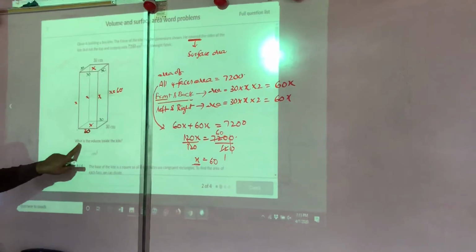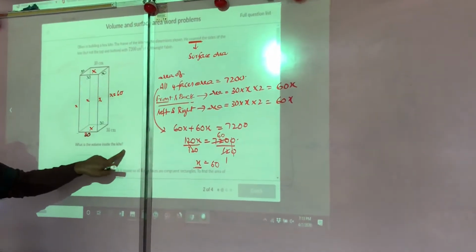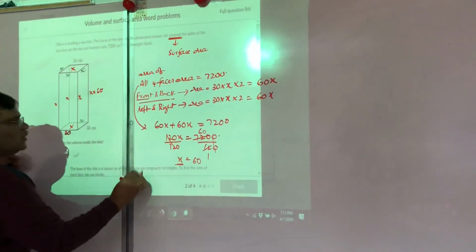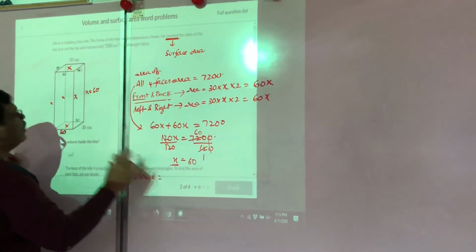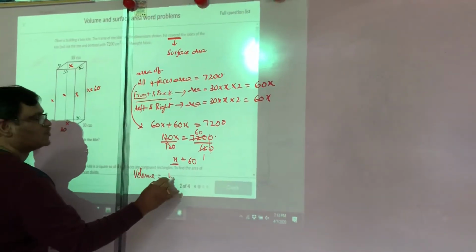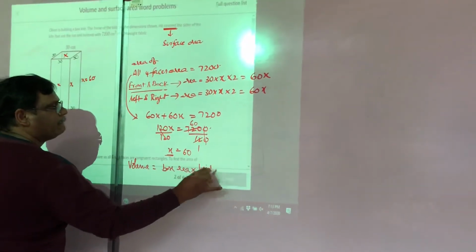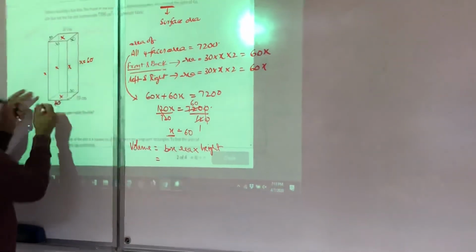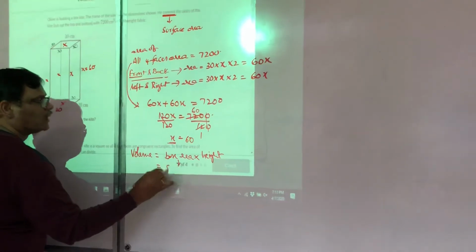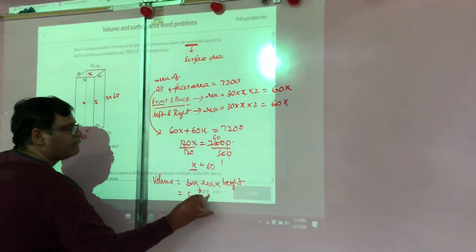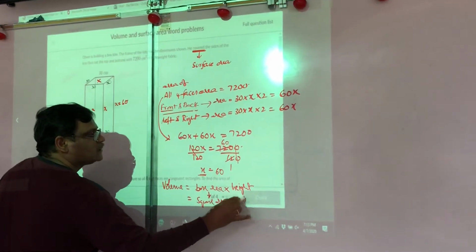Now the question is, what is the volume inside the kite? So they're asking for the volume. If you want the volume of this rectangular prism, again you can use the base area times height. The base is basically a square, so square area times height.